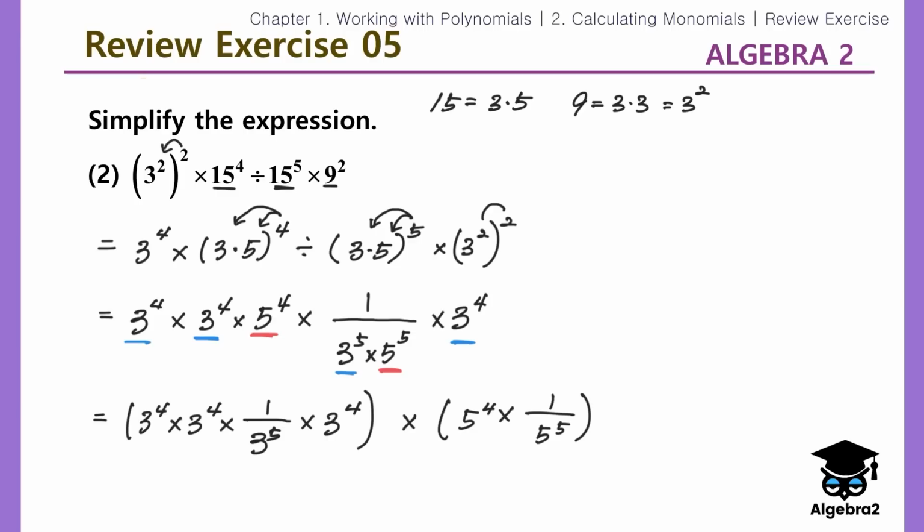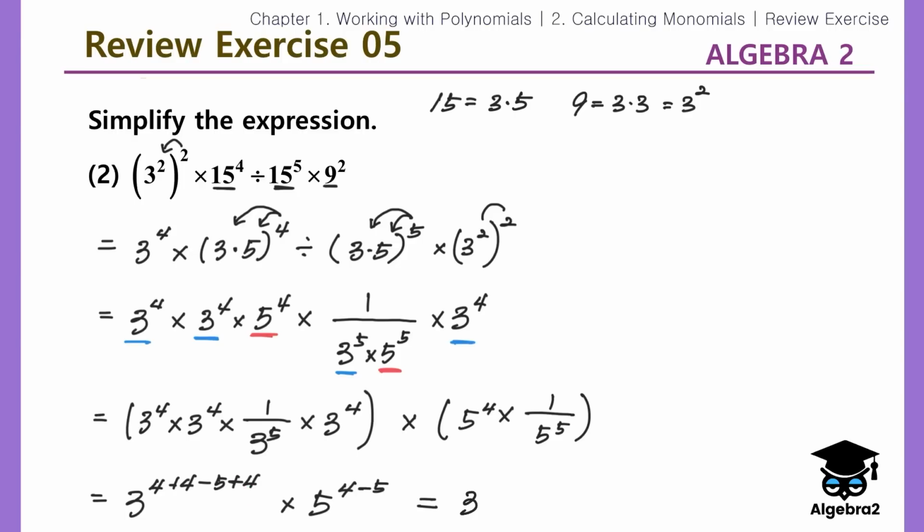Right? So this is going to be 3 to the 4 plus 4 minus 5 plus 4 times 5, 4 minus 5. So that is equal to, here 4 plus 4, 8, minus 5, 3, plus 4, that's 7, right?